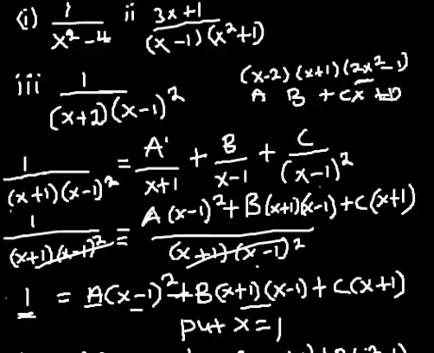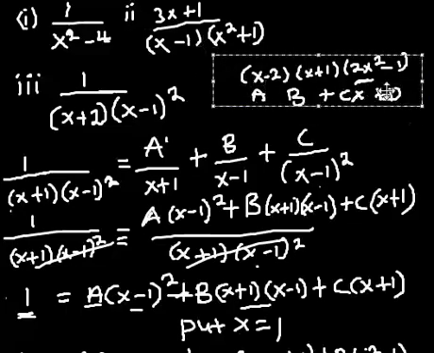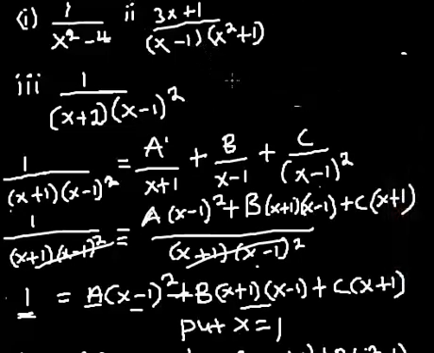If you have one with a power, let's say you have x plus 2 raised to the power of 3. If it is the only thing you have, then you start with a.